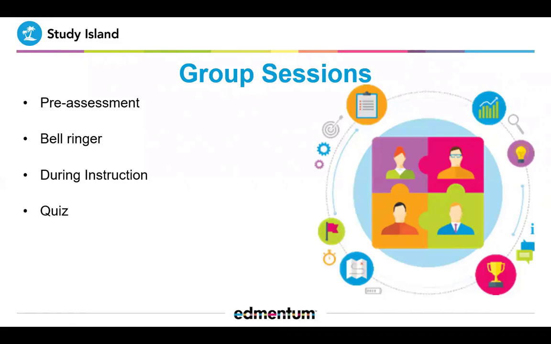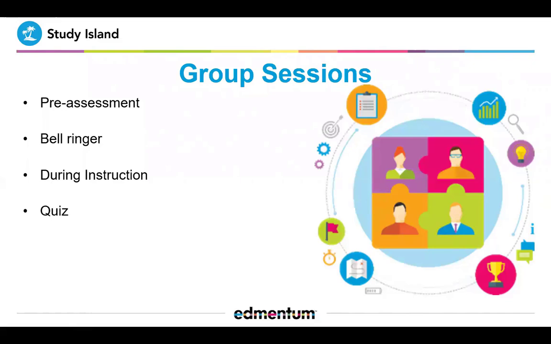Now, this is great for a pre-assessment or bell ringer because you can select a few questions, 2, 3, 4 or 5, and have your students read the question. You can gauge how they're doing in real time to see what the students know, how you'll need to differentiate, things like that.